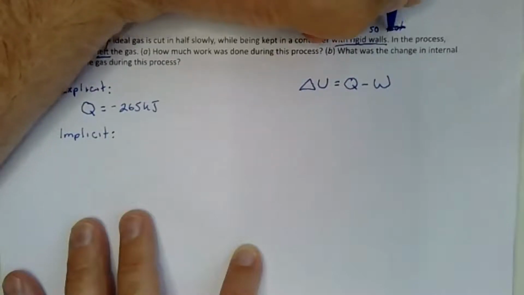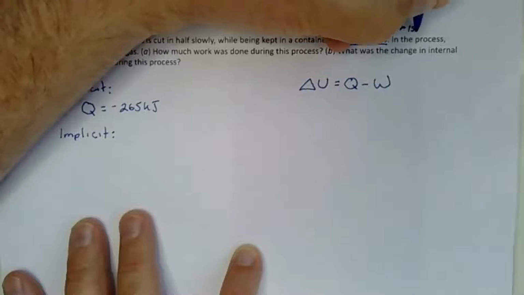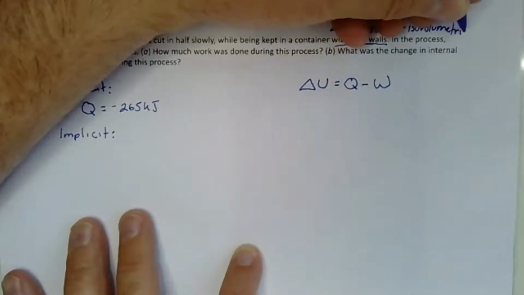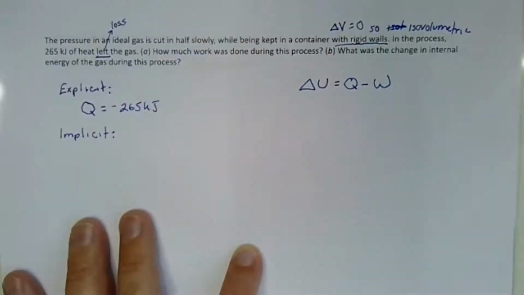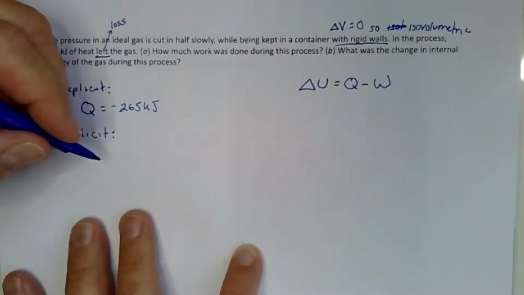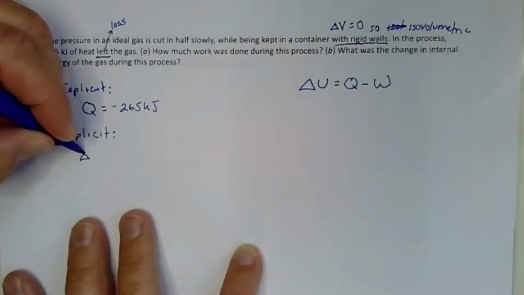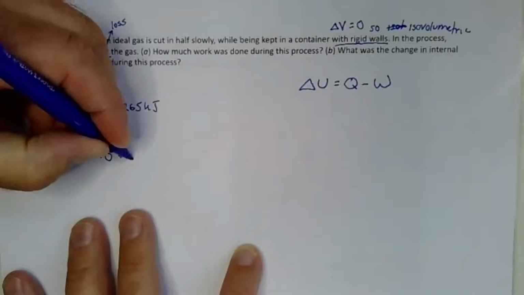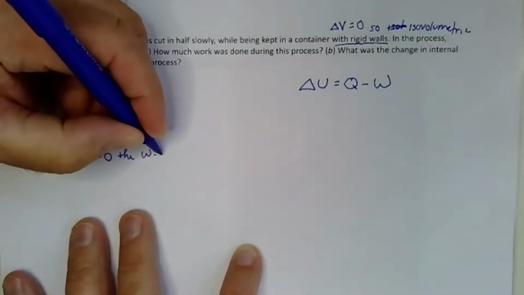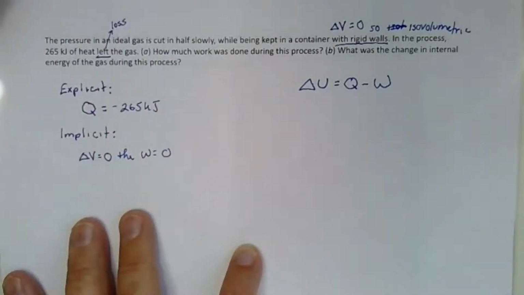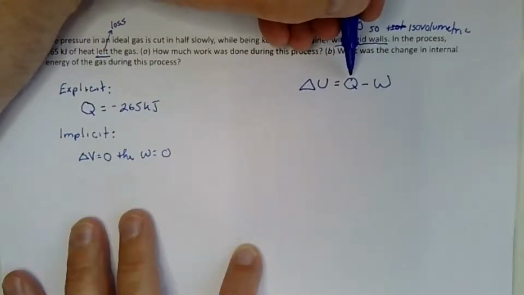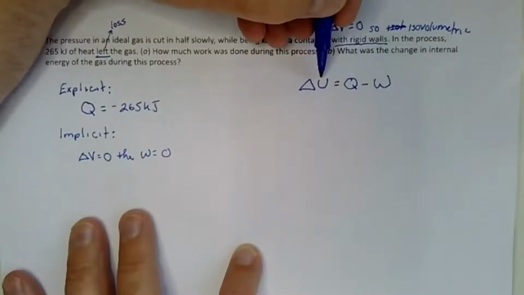I'm sorry, isovolumetric. And so it's implied that if delta V is equal to 0, then there can't be any work done. So the work done is equal to 0. So if the work done is equal to 0, then Q is simply equal to delta U.